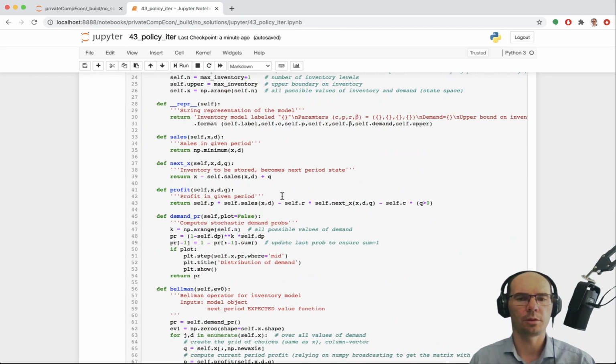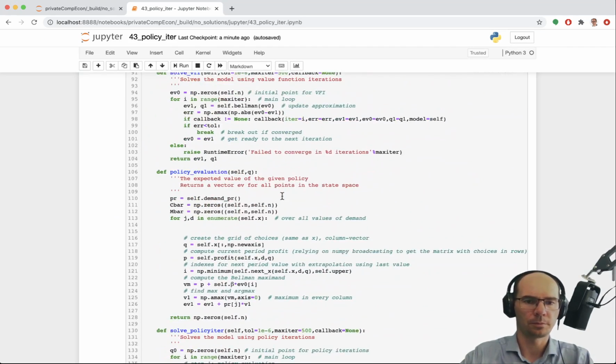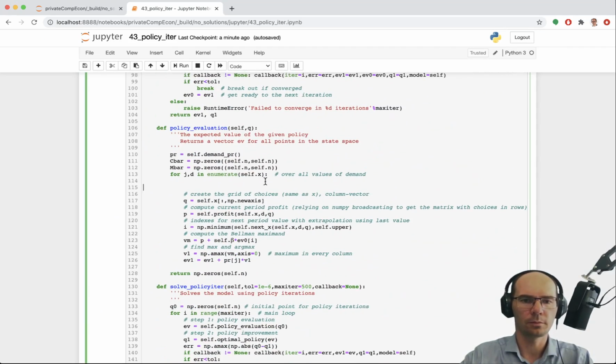Now we need to have a vector there, and so profits, and here's the line that we need. For all x's and for given D in the loop.